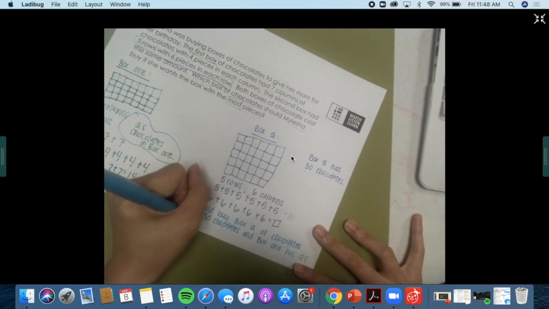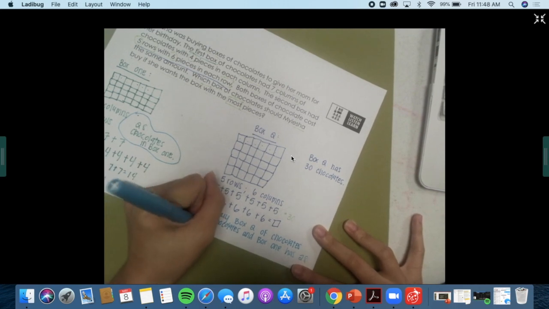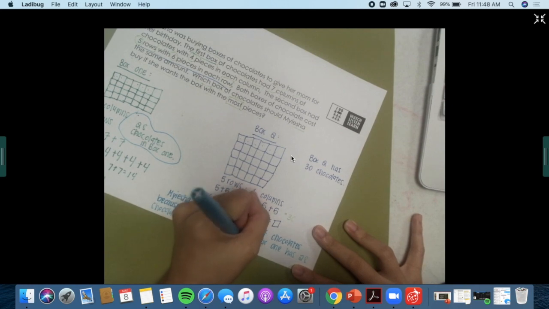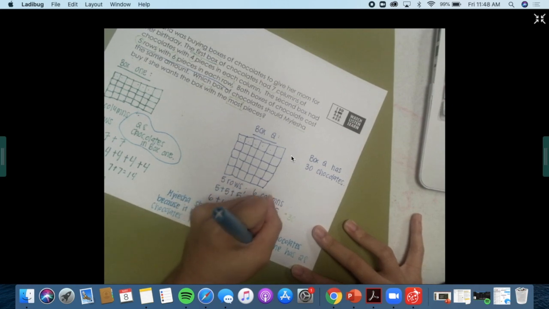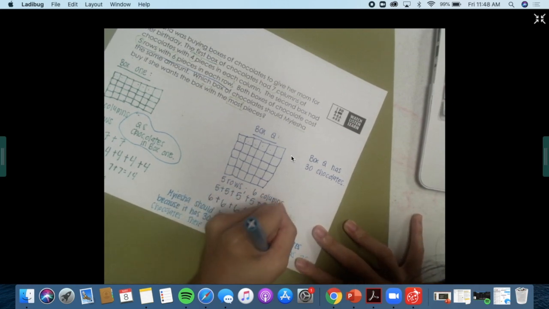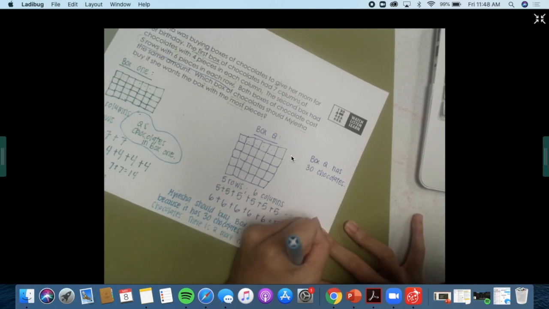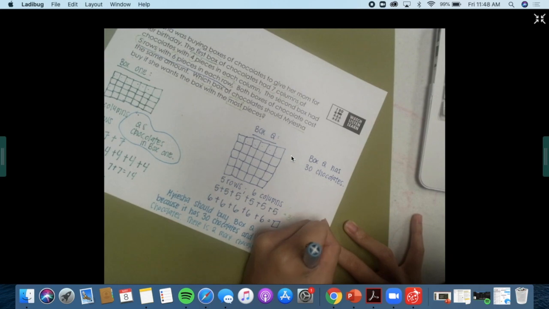There are 2 more chocolates in box 2 than box 1.